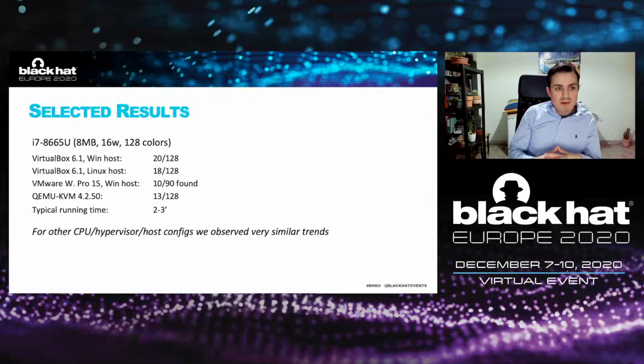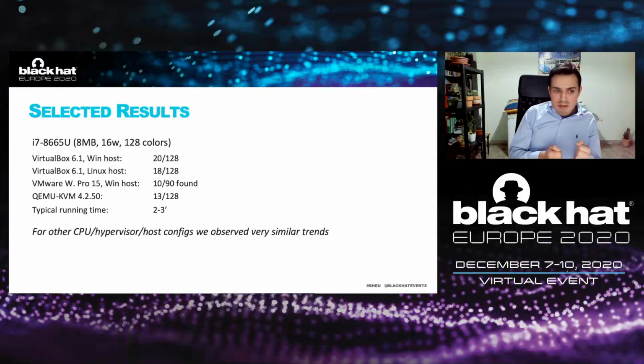So we saw that, for instance, VirtualBox on Windows, during a CPUID, was polluting about 20 out of the 128 eviction sets that we built. On Linux it was just a bit less.